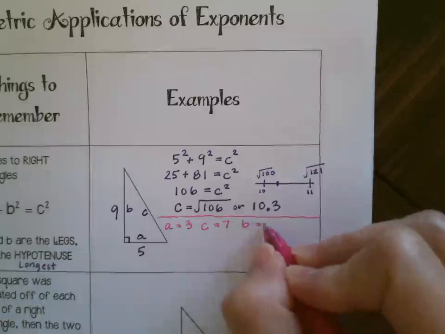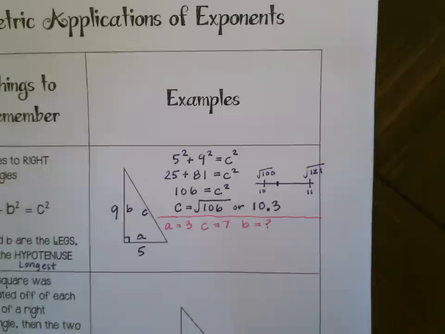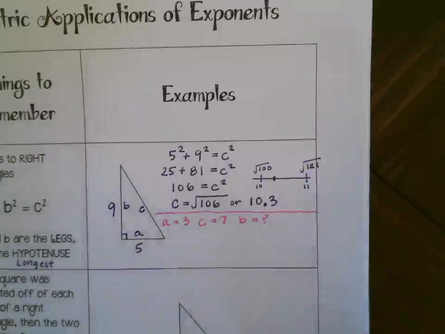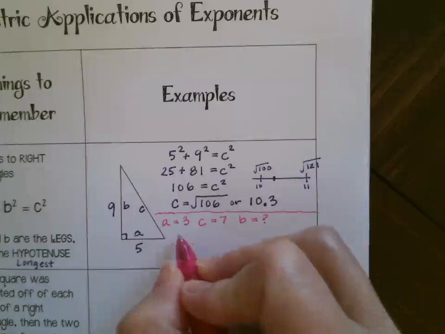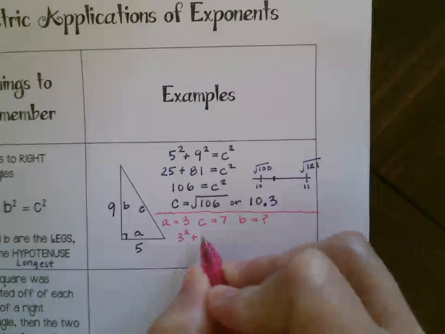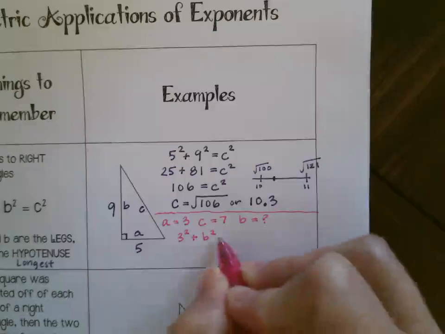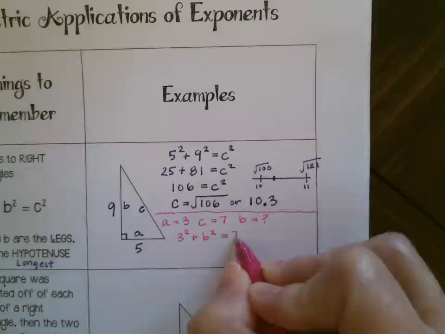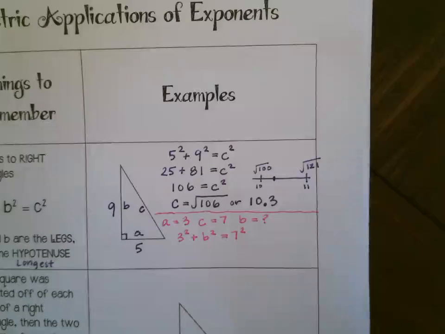So what we don't know is b. Well, we can still use the same formula. So a squared would be 3 squared, plus b squared, equals c squared, which would be 7 squared.